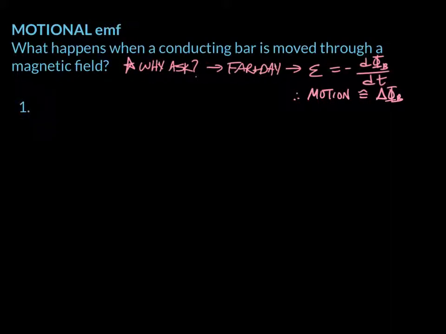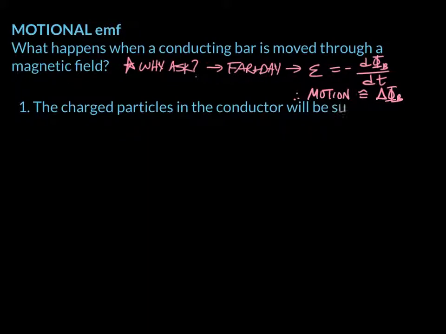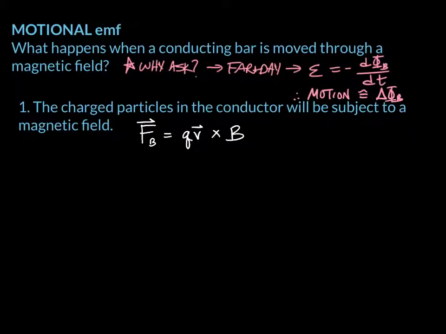So, let's kind of step through this conceptually. First, the charged particles in the bar, the conductor, will be subject to a magnetic field. Or that force rather, the magnetic force is always computed as the cross product of the charge speed and the magnetic field.